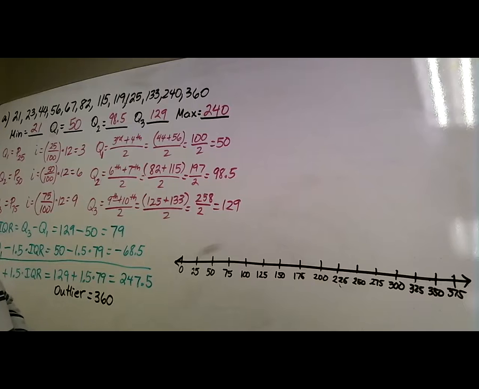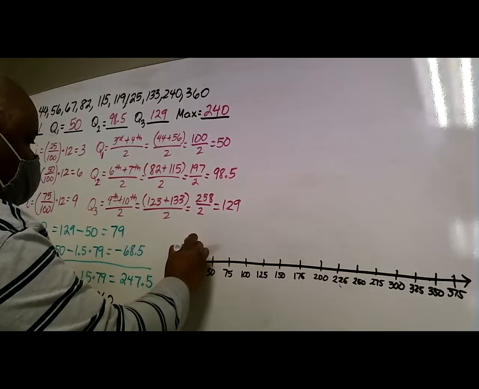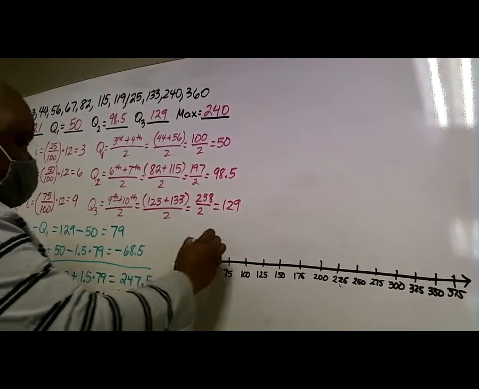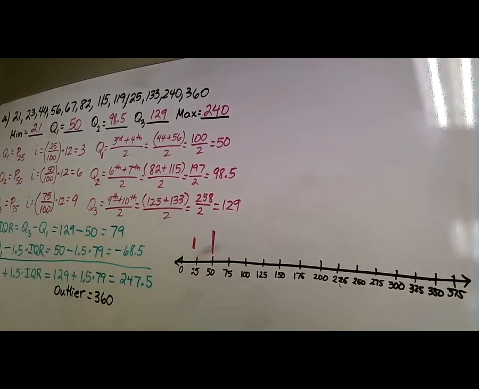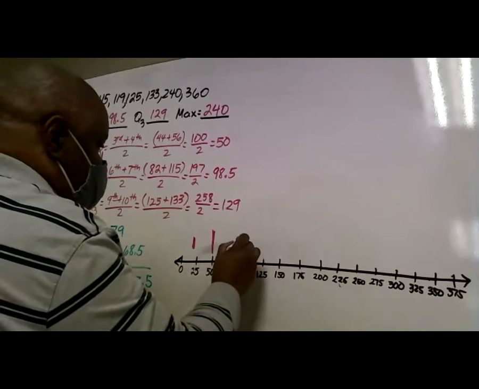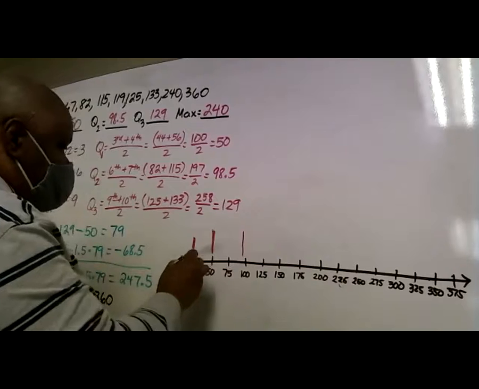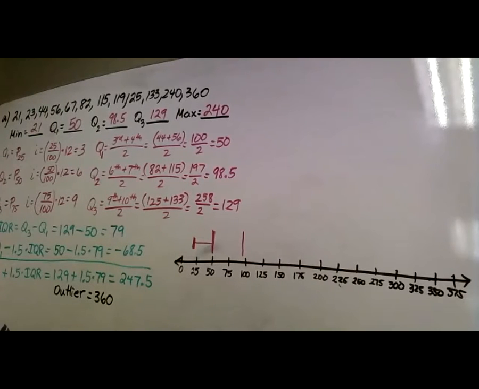The minimum was 21, which is less than 25. So here, I'm going to draw a line right here. Q1 is exactly 50, so I'm drawing a longer line there to represent part of the box. The median, Q2, is 98.5, close to 100, so I'll put it about right here. I'll connect the minimum to Q1.